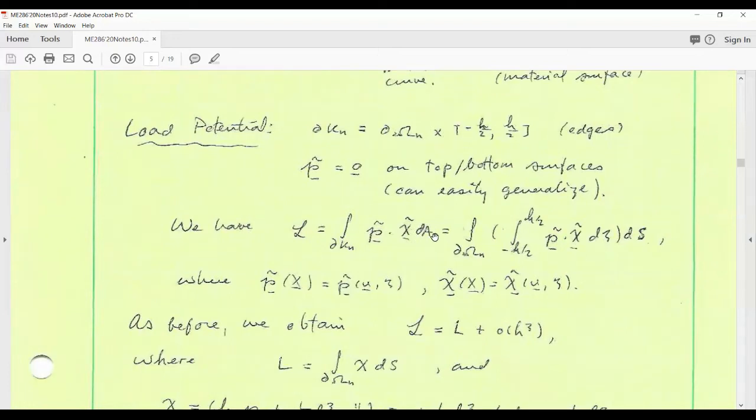This is an area element on the edge of the plate that can be written as ds, arc length along the boundary of the midplane, times the through thickness d zeta. So that means, again, we're integrating on zeta from minus h/2 to h/2.